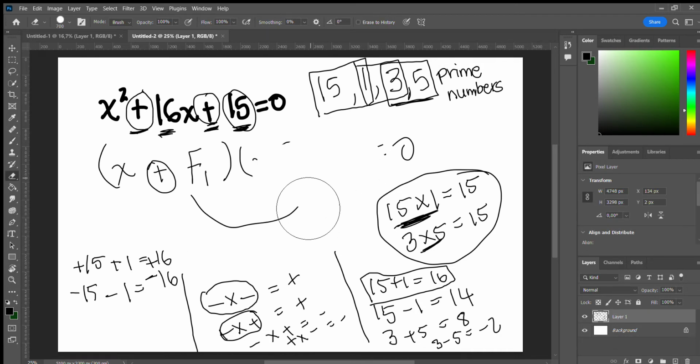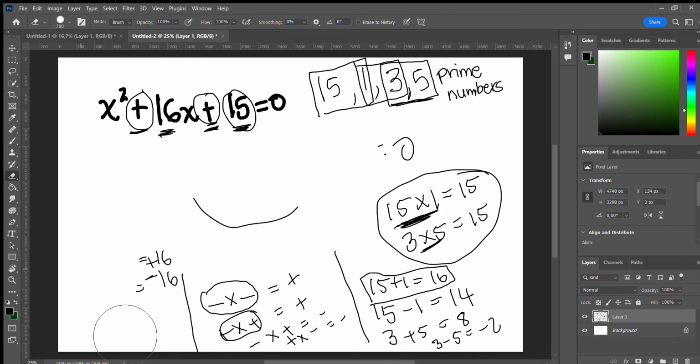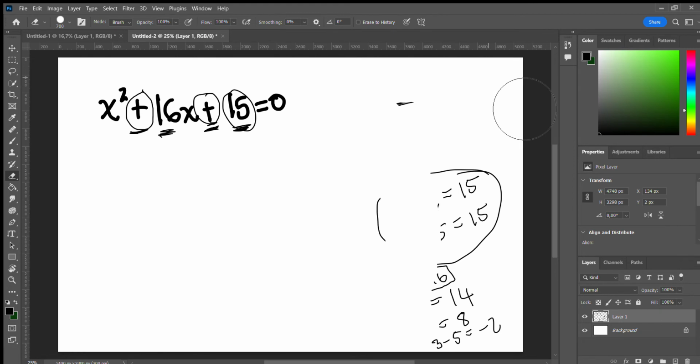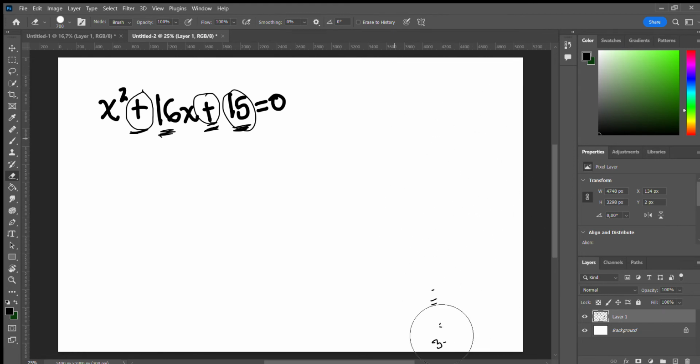solve the equation. So that's why I said it's going to be a pretty easy one. It's not going to be a lot of stuff to do with it. So you just know that our factors are plus 15 plus 1, which will equal plus 16.